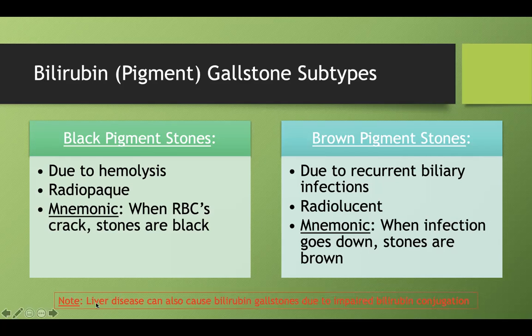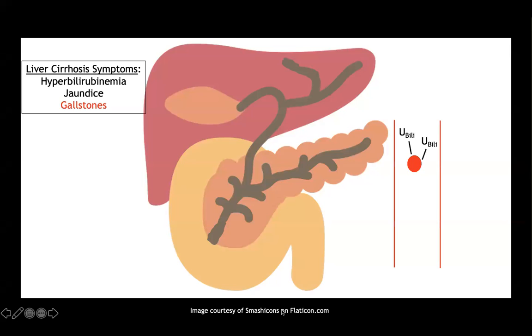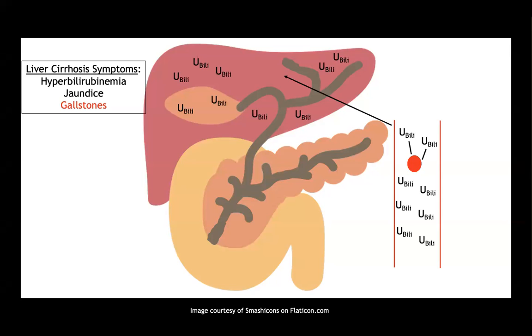What I mentioned in passing in the hepatobiliary lecture is that because you have impaired bilirubin conjugation, you could also get bilirubin gallstones. If we go to the picture, if we have unconjugated bilirubin, the problem is that some of it won't get completely conjugated before it reaches the bile ducts because you have a little bit of liver disease.